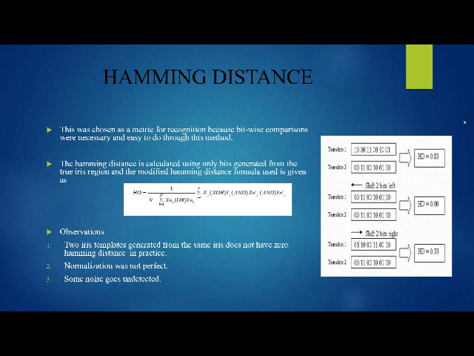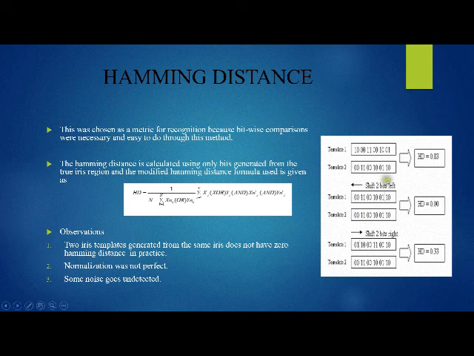So here, what happens is that the Hamming distance basically compares two templates, counting the number of positions by which the corresponding templates are different, and this was chosen essentially because it was easy to implement in a way, and it does bitwise comparisons which are simple.